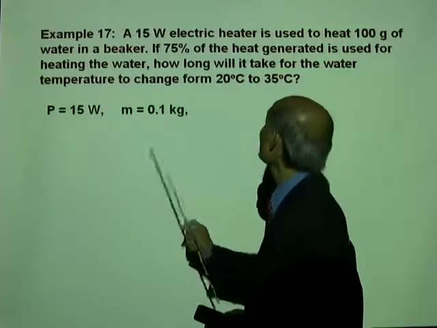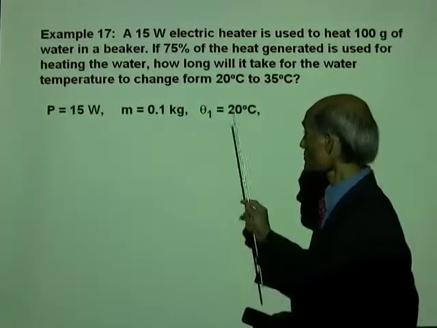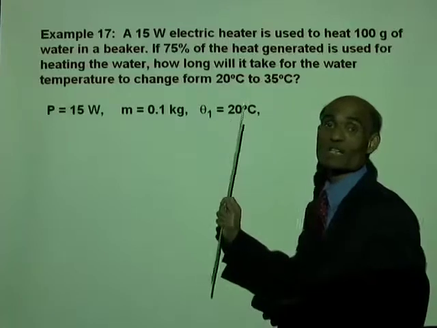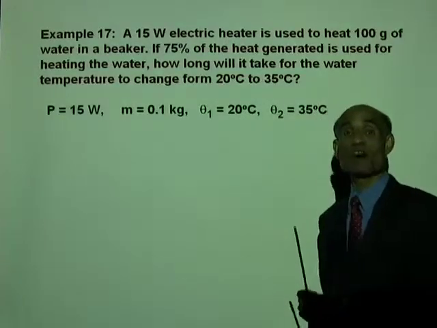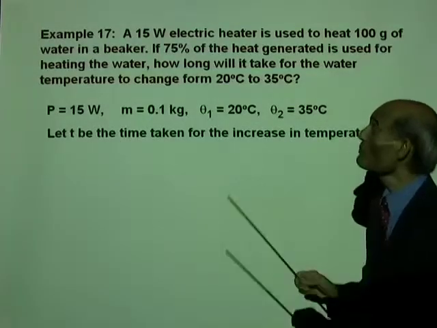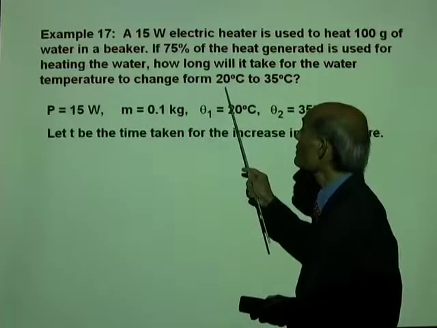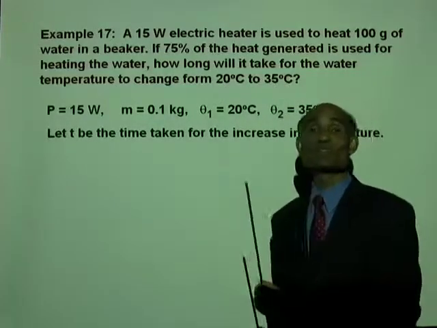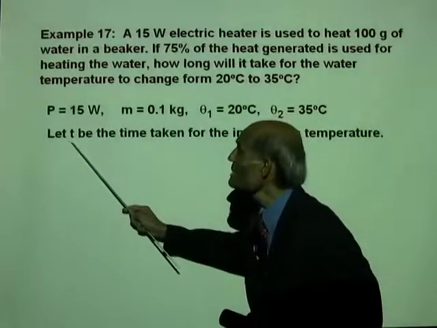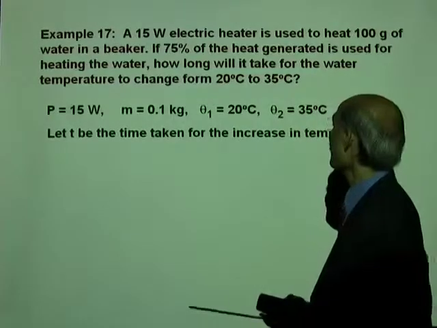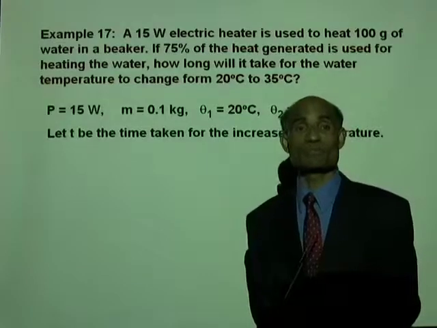The mass of water you want to heat is 0.1 kilogram. Initial temperature of water is 20 degrees Celsius. Final temperature of water is 35 degrees Celsius. And we want to find the time taken for water to increase its temperature from 20 degrees to 35 degrees. So let's start by saying let T be the time taken for the temperature to increase from 20 degrees to 35 degrees.